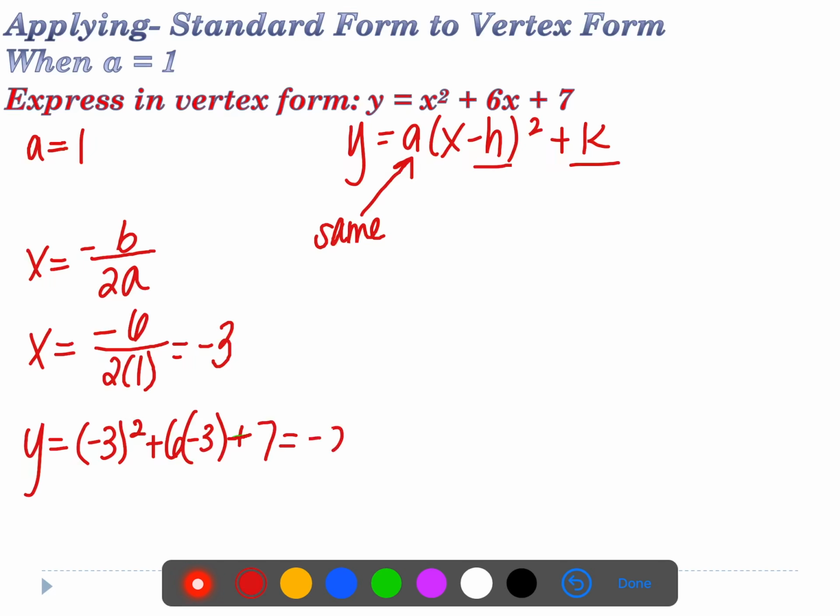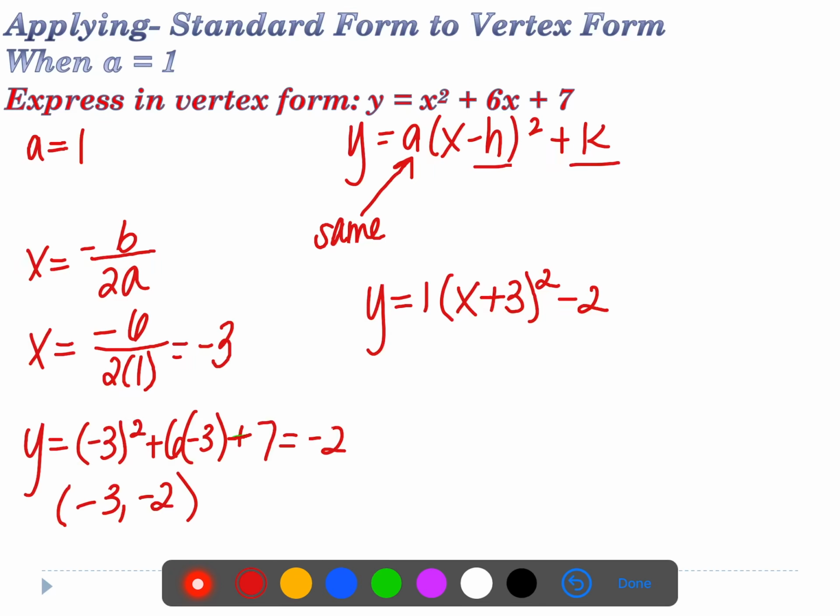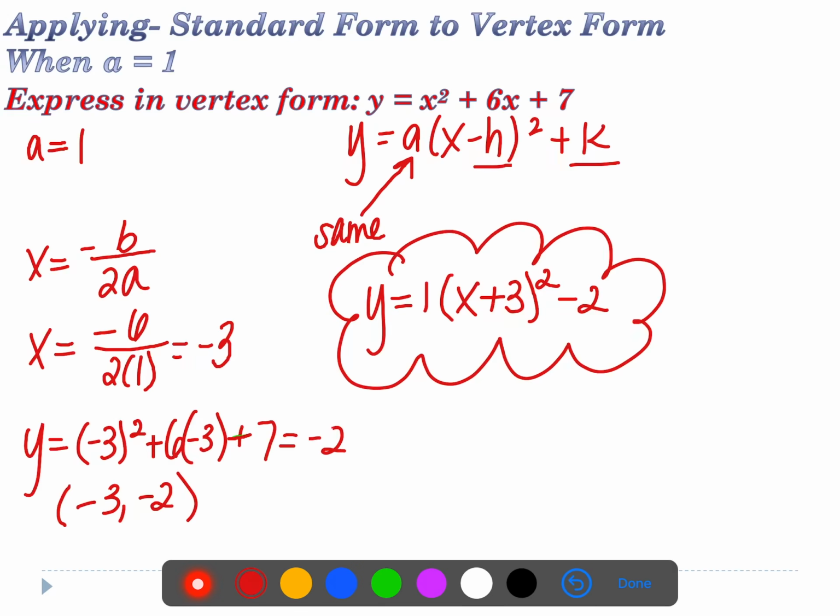We're going to get -2, so that means my vertex is (-3, -2). Plugging all of these values in, I get x plus 3, because remember it's the opposite, minus 2. And this is now my vertex form.